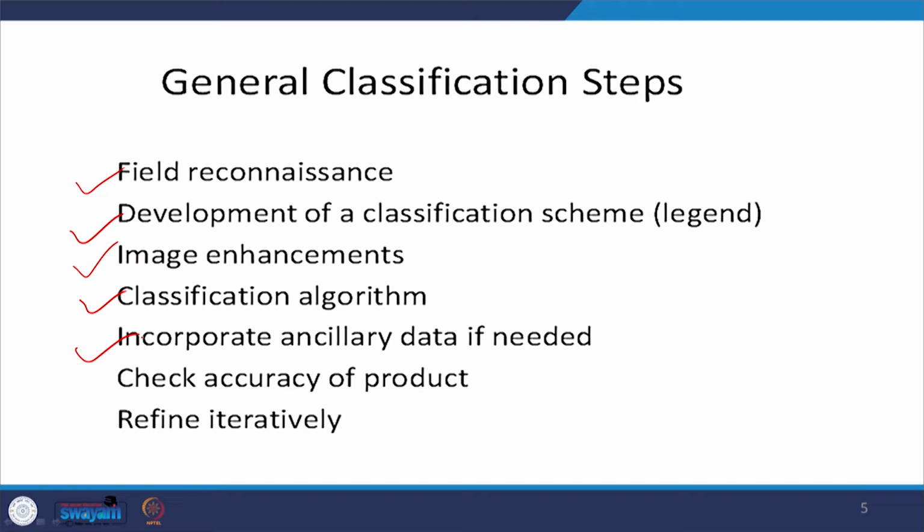In many classifications, suppose we add a digital elevation model, or suppose I add the NDVI values, then my classification is much better. Afterwards comes checking the accuracy of my output. What is the authenticity of my results, how accurate my results are, that is important.